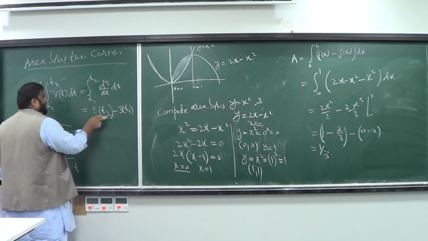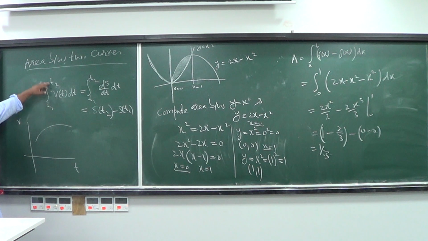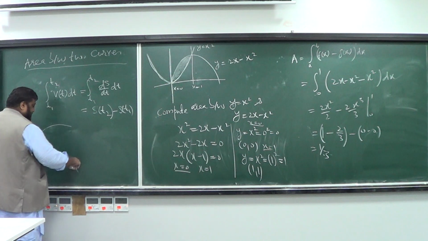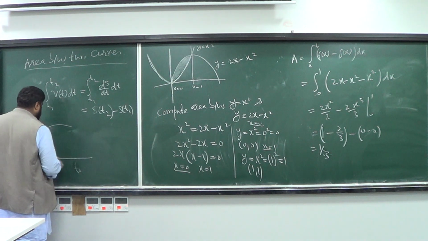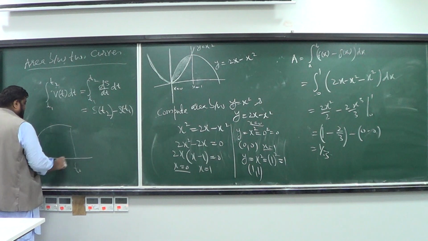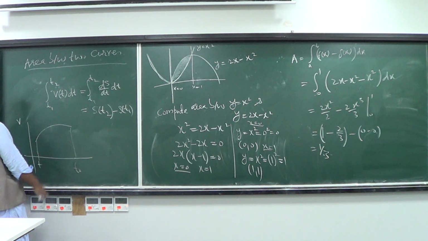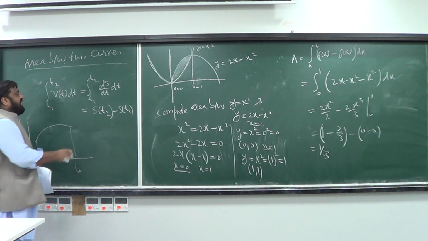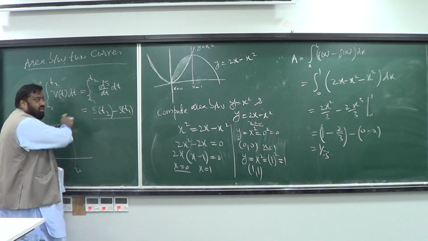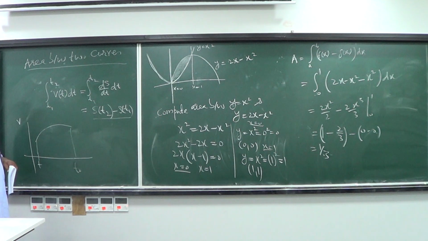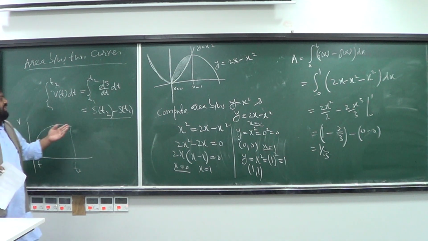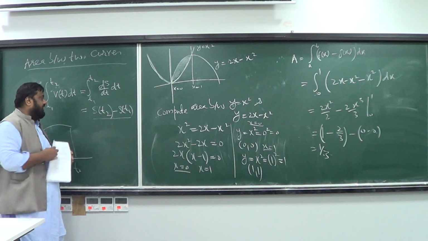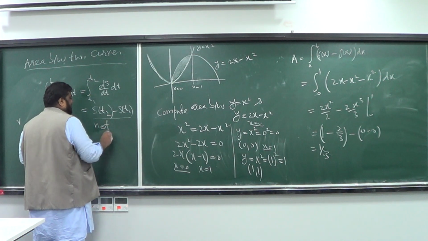In other words, the integral of the velocity between two instants t1 and t2 mathematically represents the area under the curve, but physically it is telling you the net displacement of whatever particle or vehicle you are talking about between the instants t1 and t2.